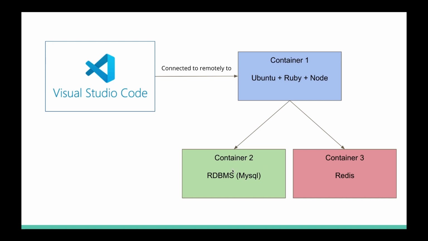One of them can be MySQL, the other one can be Redis, and you name it. Then imagine that we can connect our Visual Studio Code remotely to this container and write the code there on the container. It is called dev container or remote container.